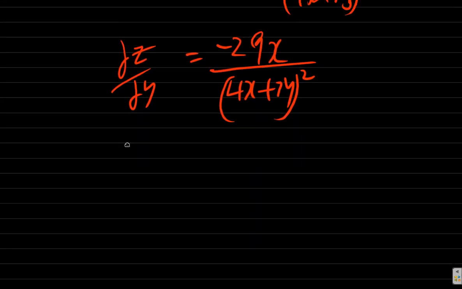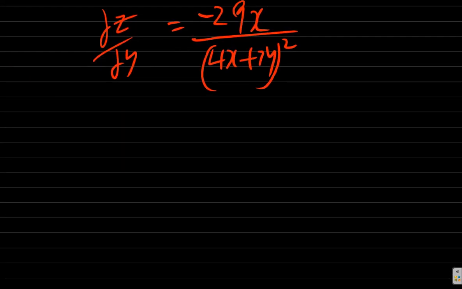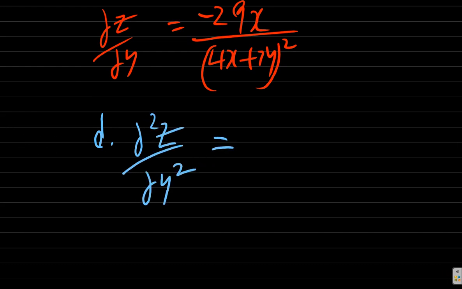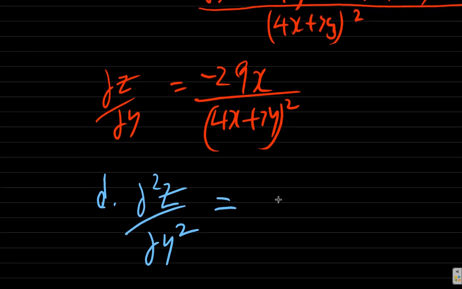So that was C. We look at D. Delta square z by delta y squared is equal to, now we hold the bottom, 4x plus 7y squared, times differentiate the top with respect to y. But the top is just a number. Negative 29x is a number. We're treating x as a number. So when you differentiate that number, we get 0.